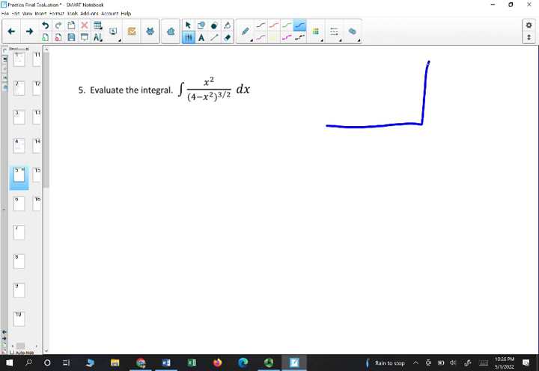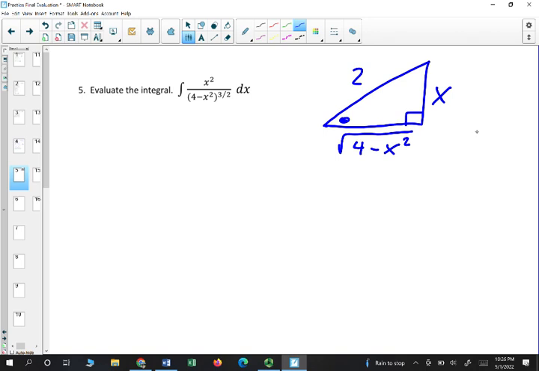This appears to be a sine substitution. So we would have square root of 4 minus x squared as the bottom leg. This leg would be x, and our hypotenuse would be 2.